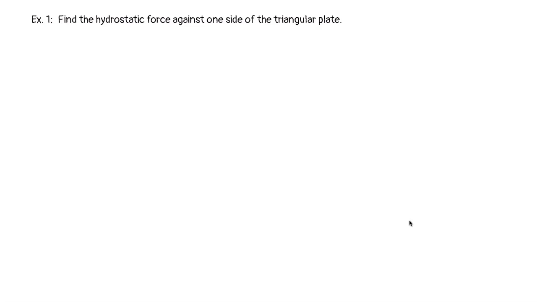So for this one, all right, it says find the hydrostatic force against one side of a triangular plate. So let's kind of sketch the surface of the water. And then this plate actually has dimensions, okay, a certain dimension. So it's a right triangle.